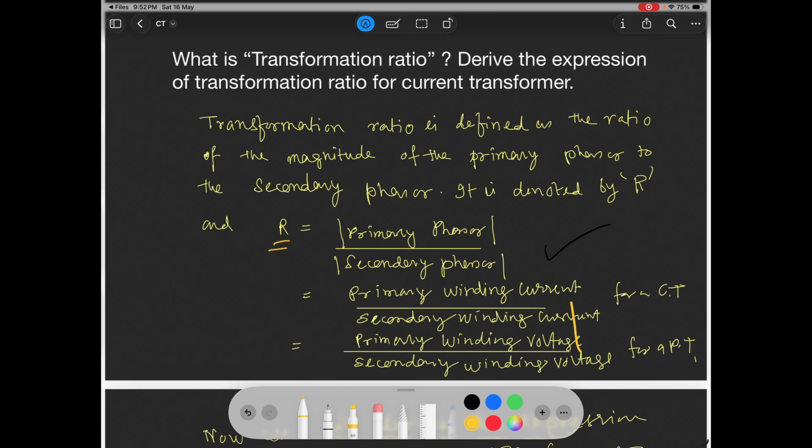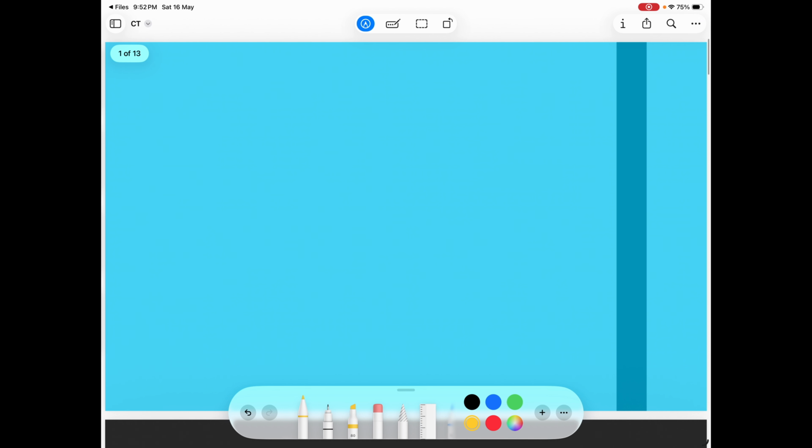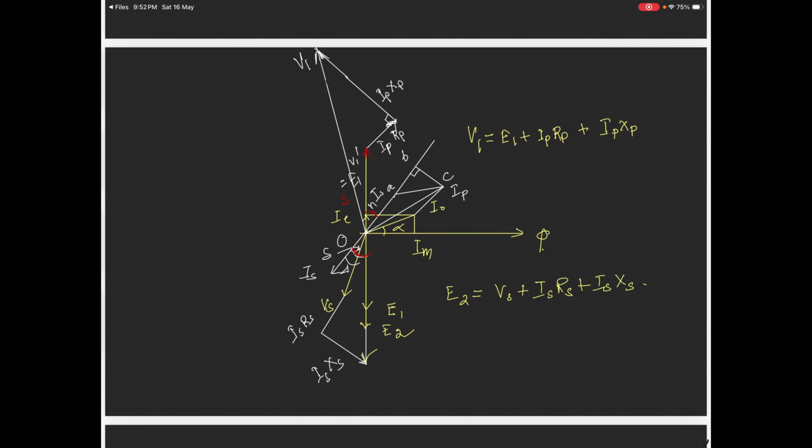For that we have to draw the phasor diagram. This is flux phi in the x-axis, and primary induced EMF, I have written as E1, and E2 is the secondary induced EMF, and both are lagging phi by 90 degree.